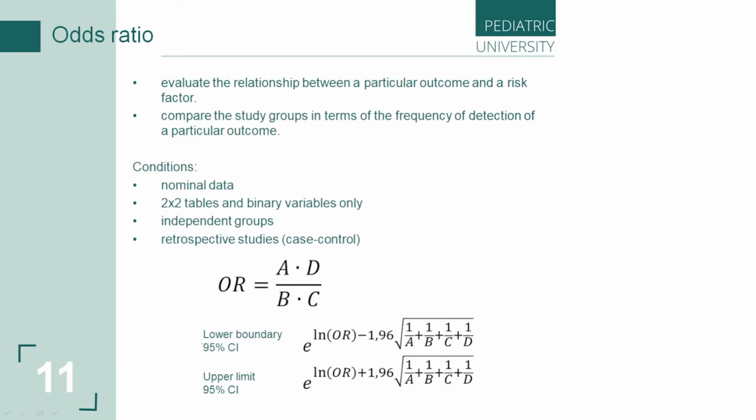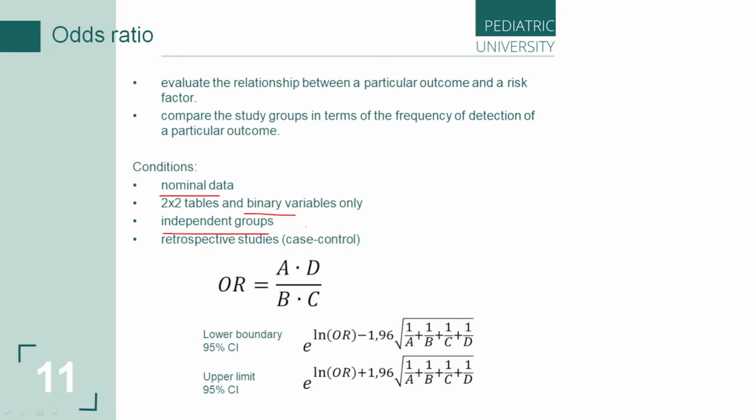Firstly, the data must be nominal. Secondly, the data must be binary and only in 2x2 tables, and groups must be independent. The odds ratio is counted in retrospective studies, such as case control.